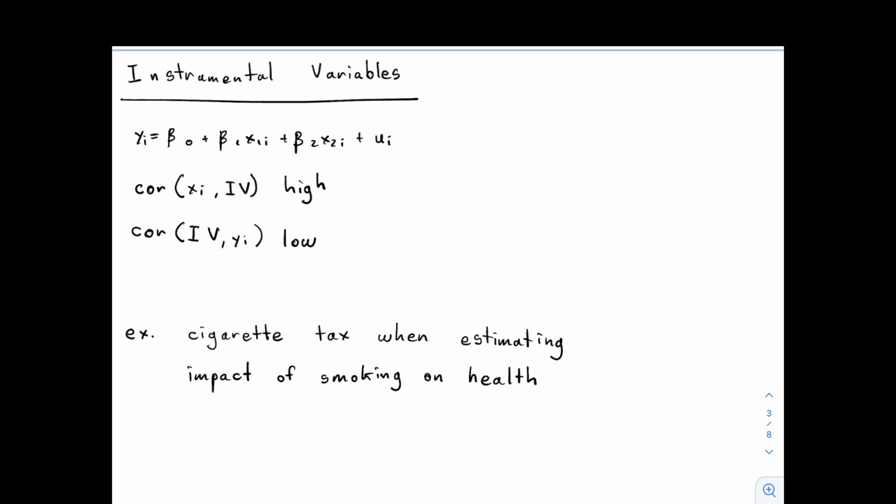If we think about our standard linear regression model here, an instrumental variable comes into play when we know that we have an omitted variable, and because we have an omitted variable, we know that our coefficient estimates, our beta values, are incorrect.